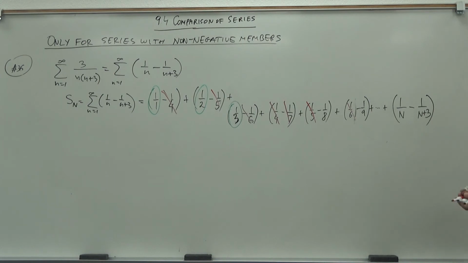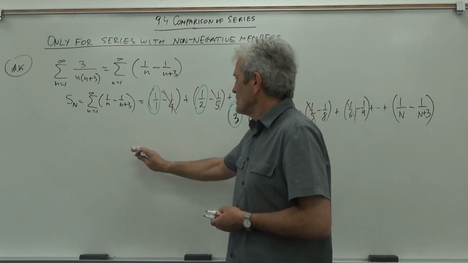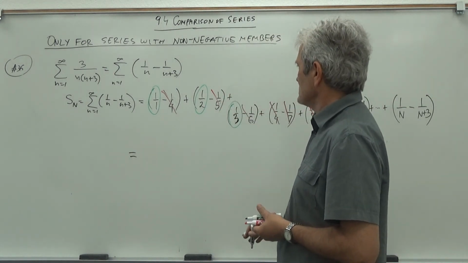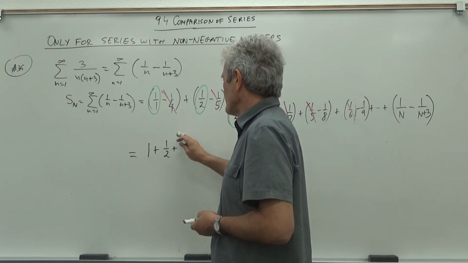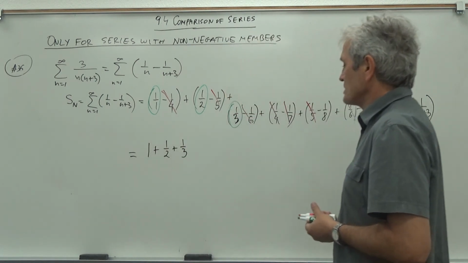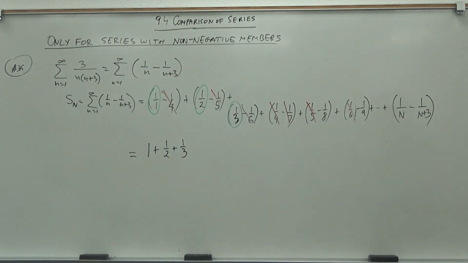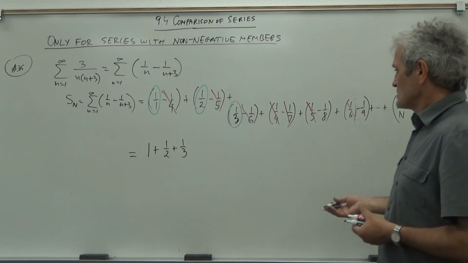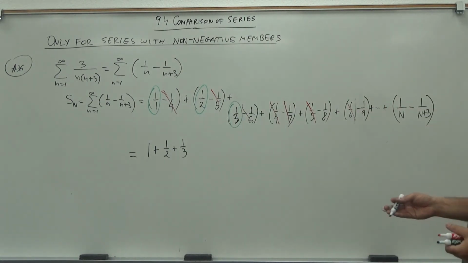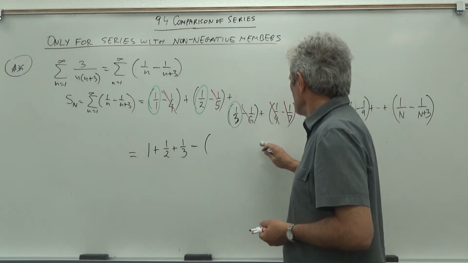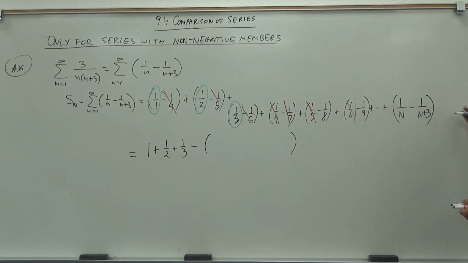So when this cancellation happens, who are the only ones that don't cancel in the beginning? It will be 1 plus 1/2 plus 1/3, because they don't have anybody 3 steps earlier. But then at the end, who doesn't get canceled on the minus side, those that do not have anybody 3 steps later?